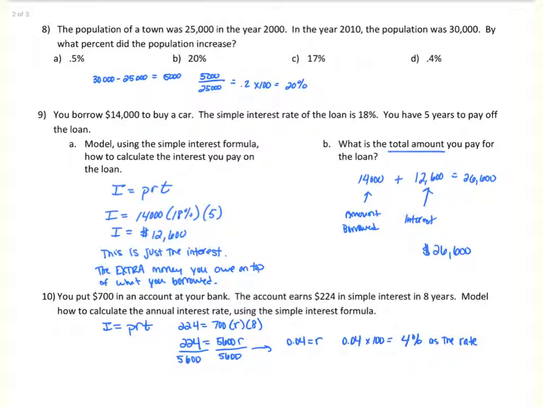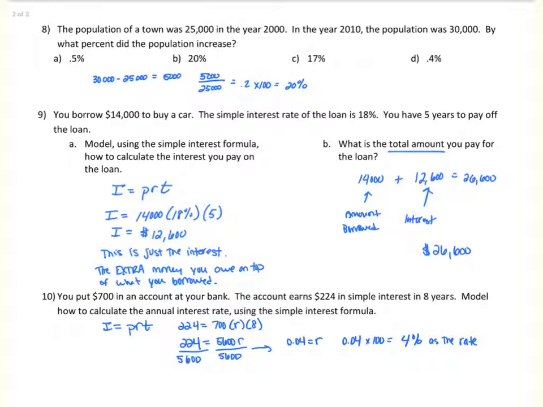Okay, so if you borrowed $14,000, you would have to pay back the $14,000 that you borrowed, as well as the $12,600 of the interest that accumulated over those 5 years of having that loan in the first place.